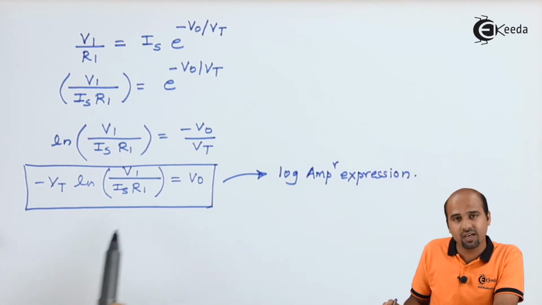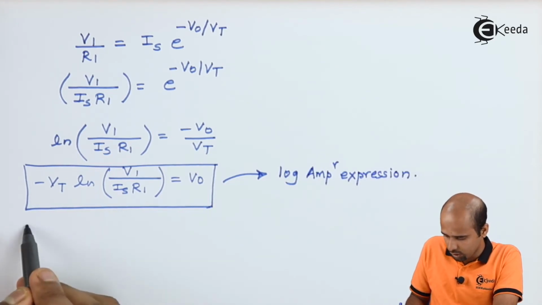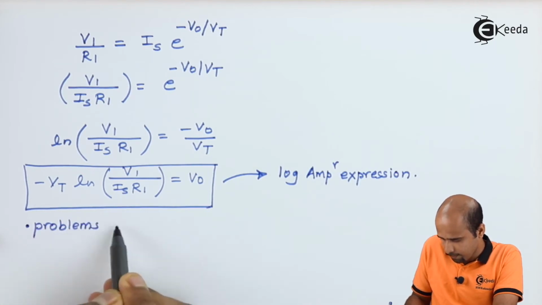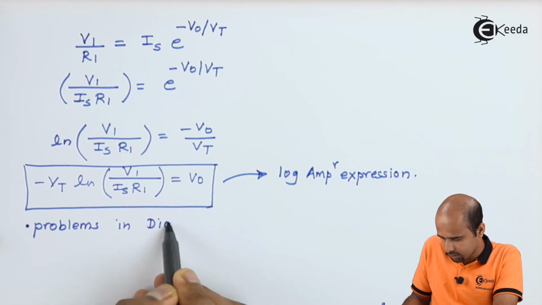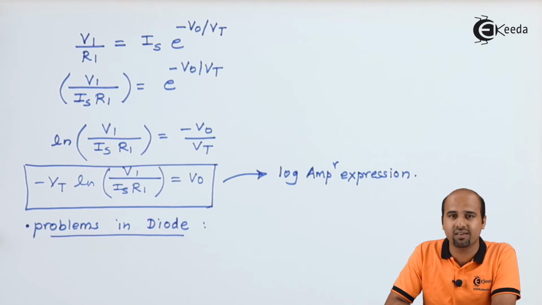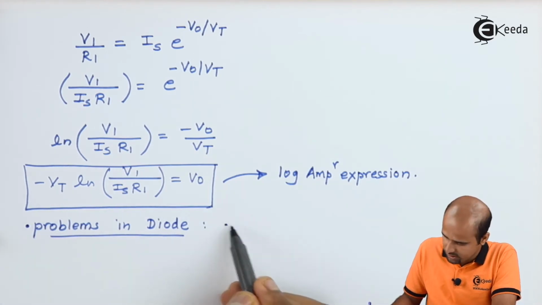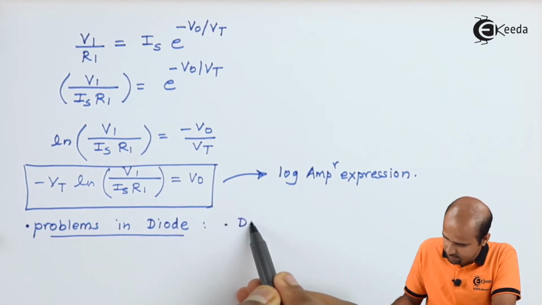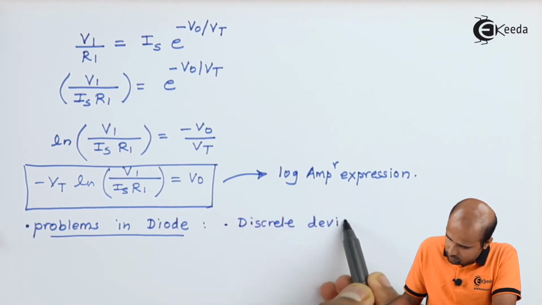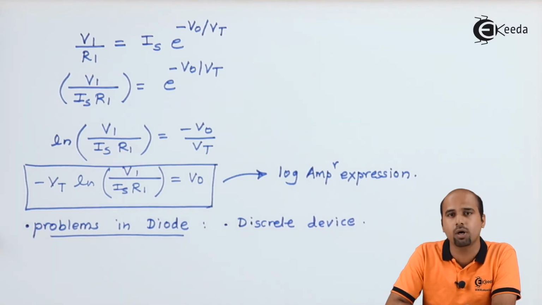Now what is the difficulty in this particular circuit? First of all, problems in diode. The diode is a discrete circuit, right? So this is your discrete device. If I want system on chip, everything should be on chip, then I can form a transistor on chip, but I cannot form a diode on chip, right?